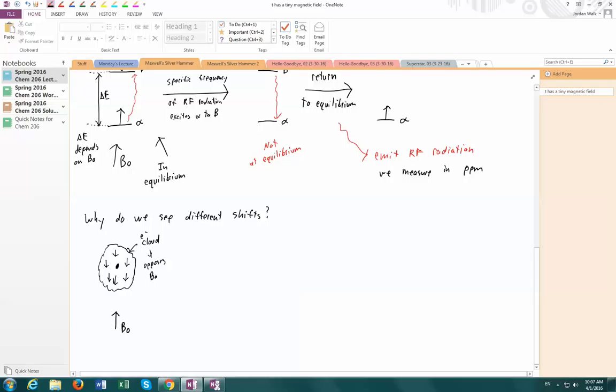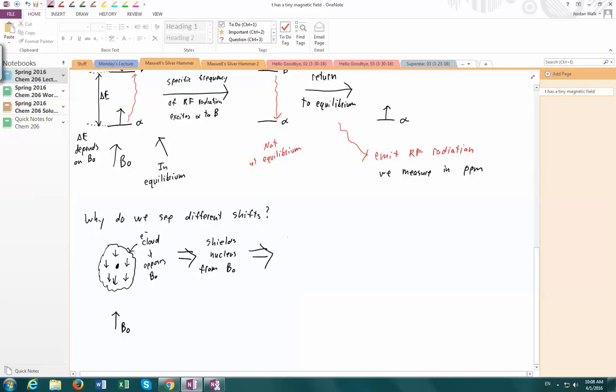Only different amounts of this B naught is actually going to reach the nucleus in question. Because our electron cloud opposes B naught, we will say that it shields our nucleus from B naught. So our nucleus is actually going to feel a little less of that B naught than we would expect because we have those other magnetic fields opposing.